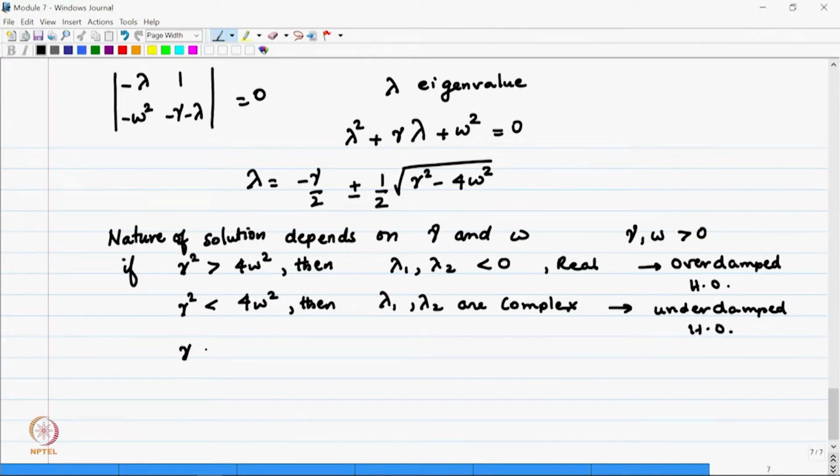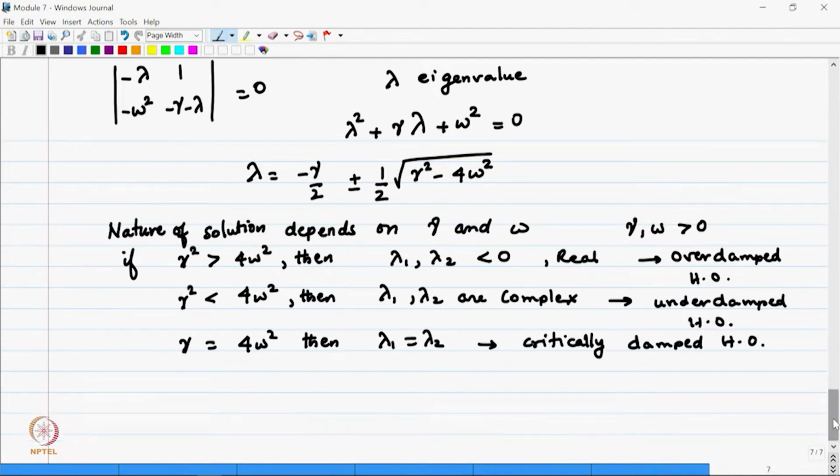And finally, if gamma square equals 4 omega square, then lambda 1 equals lambda 2, and this is critically damped. Now, we can ask the question, what is the nature of the solution? What is the nature of the behavior? Obviously, we have to choose certain values of gamma and omega. So, let us just take an example.